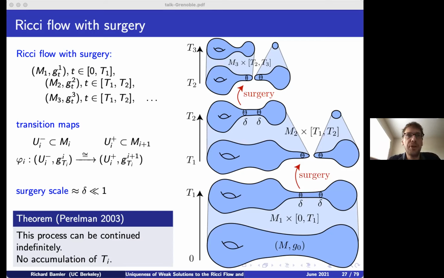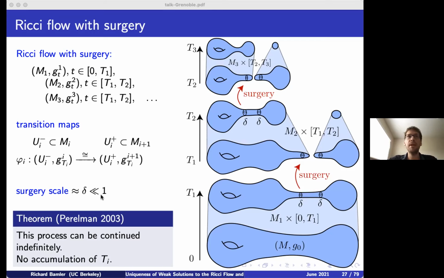But what could potentially happen is that if I restart the flow after the first surgery, then perform another surgery and restart the flow again, the surgery times converge to some limit, and I won't be able to extend the flow past that limiting time. But Perelman showed that if we choose delta small enough, this won't be the case.